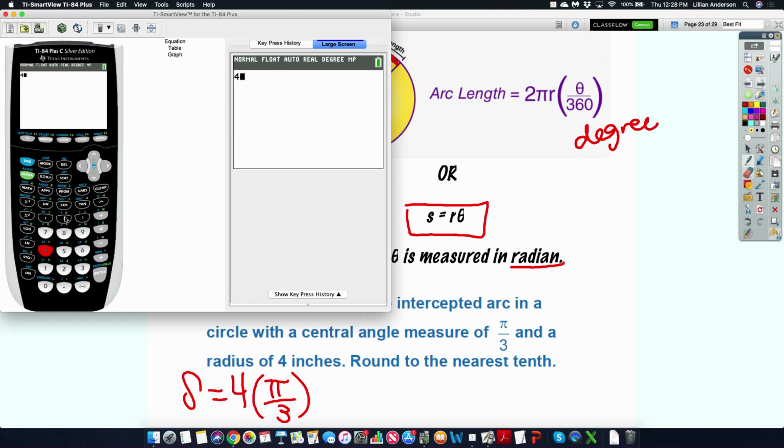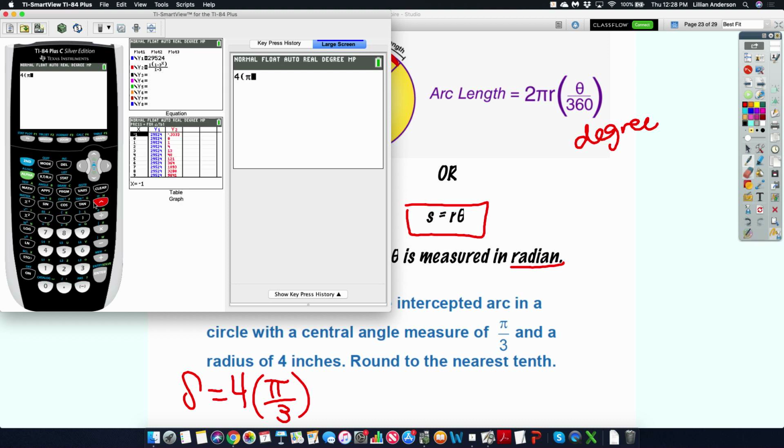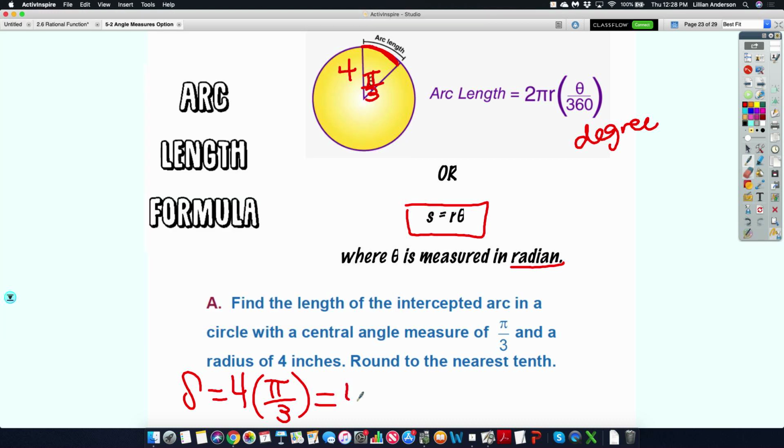Okay, 4, parenthesis, if I press the second button, then this caret button right here, that's how I can get the pi. Then divide it by 3, close the parenthesis, we'll get our answer. Round to the nearest tenth, what is that? 4.2. Awesome. 4.2 inches.